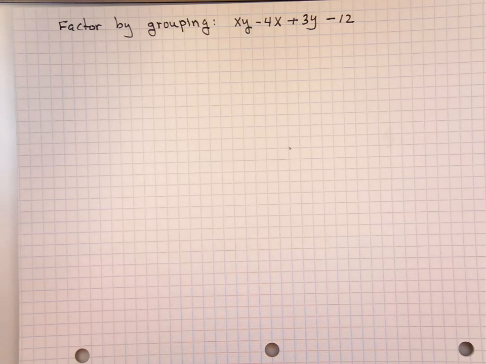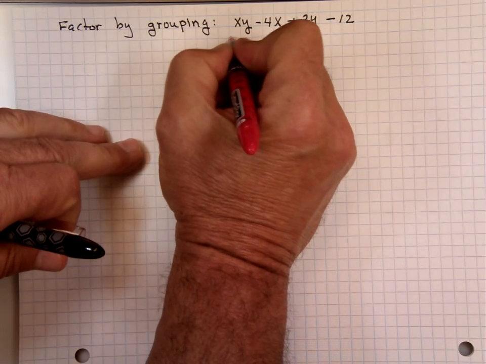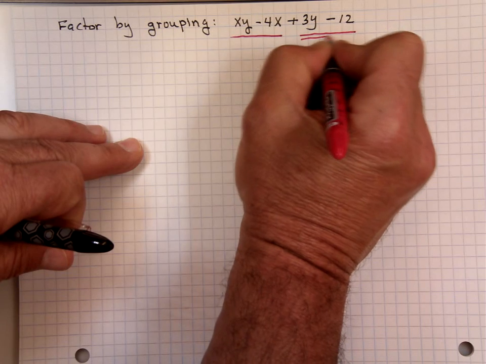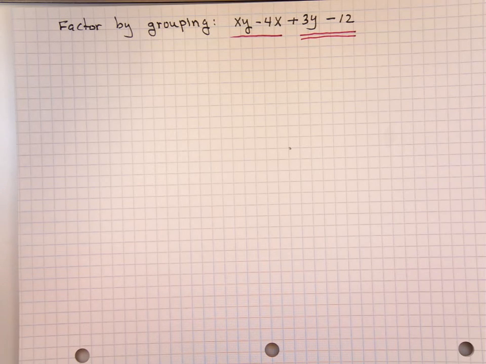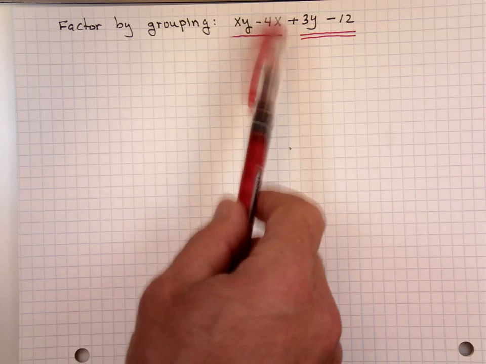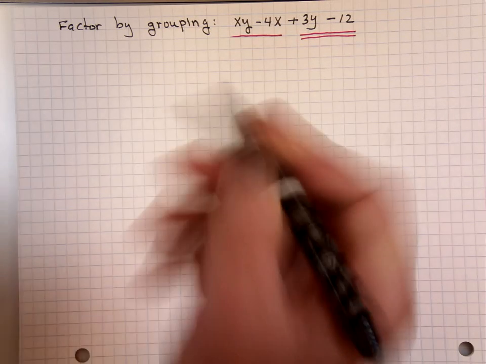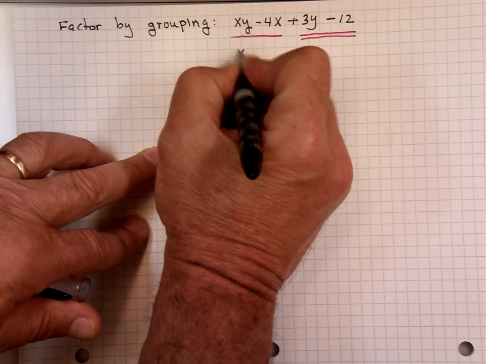What I'm going to do, actually, look at the first 2 terms. Look at these 2 terms and look at these 2 terms separately. Look at the first 2 and let me factor that. And when you look at them, what do they have in common? They have an x as common. So if I take an x out, what's left? Y minus 4.